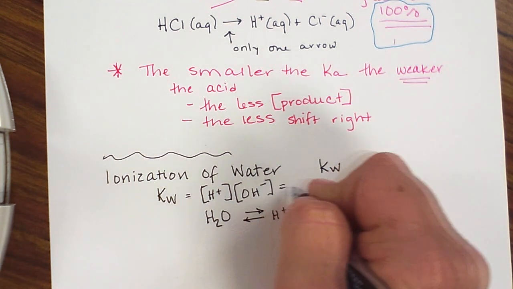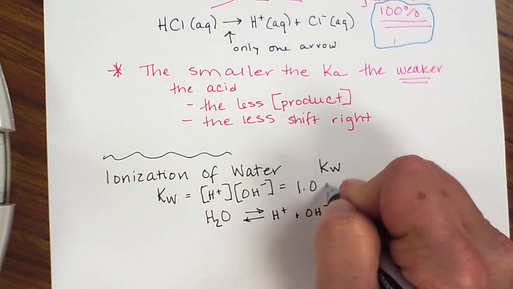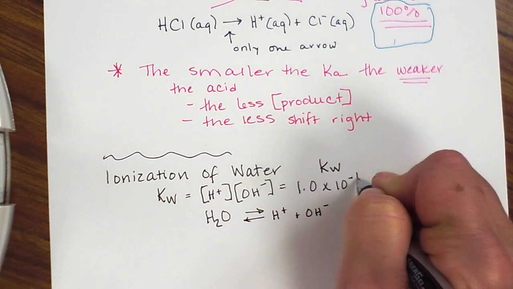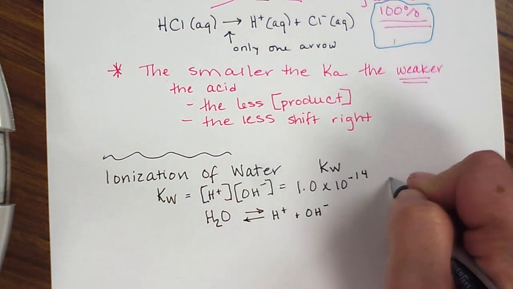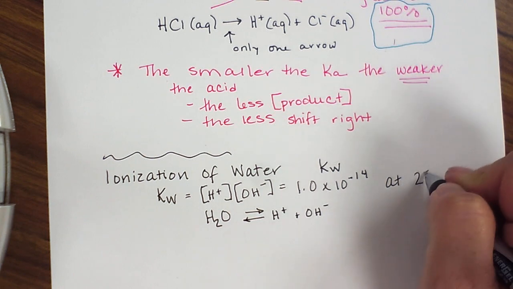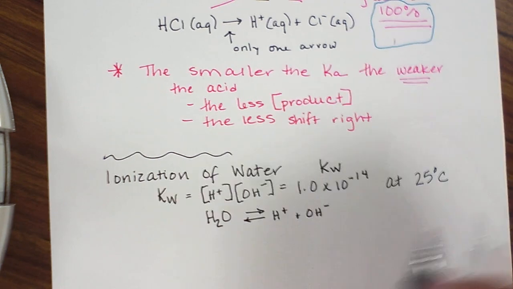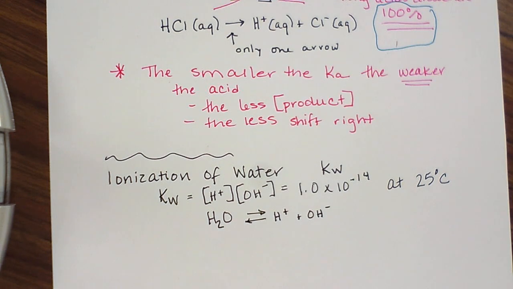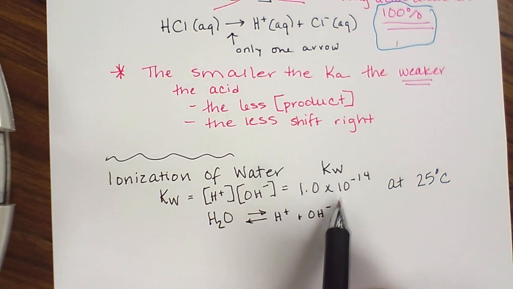So the Kw is equal to 1.0 times 10 to the minus 14th at 25 degrees Celsius. And as always, if I were to raise that temperature, then that would change the Kw. But this is the one that we always use.